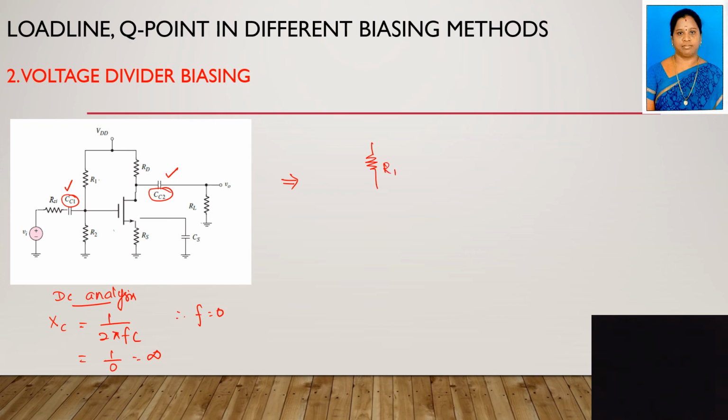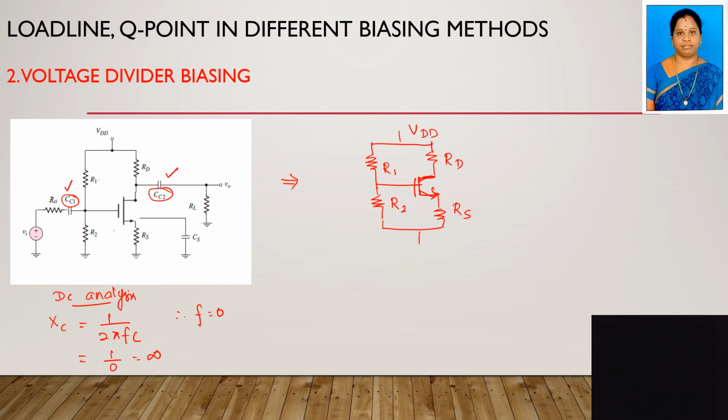Here R1, then you have the resistor R2, here the MOSFET transistor, here we have RD, here RS, this is VDD.